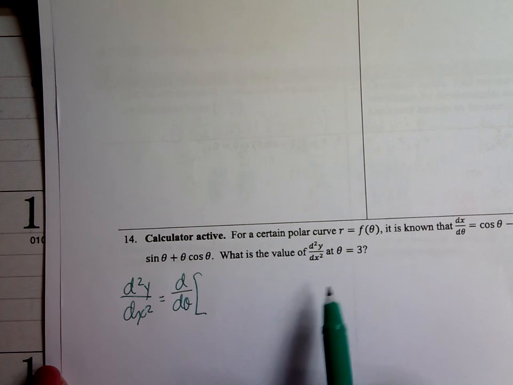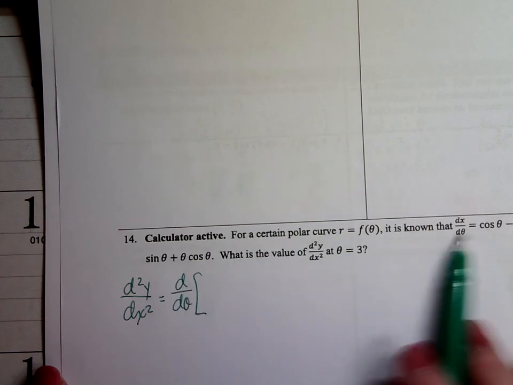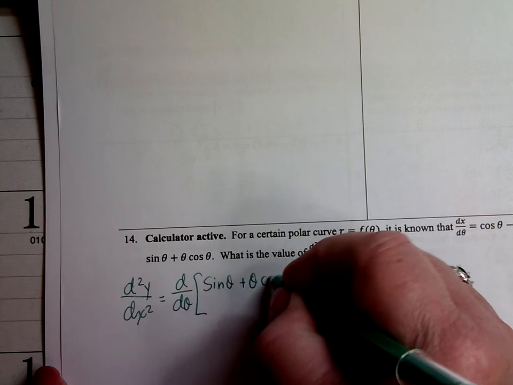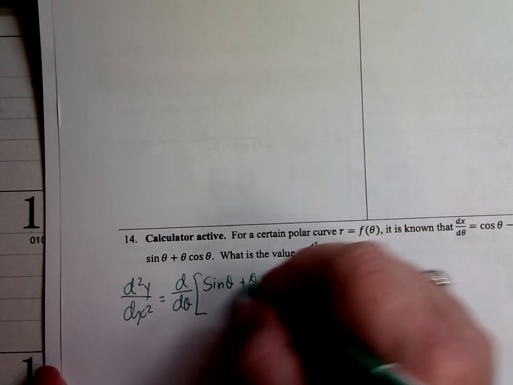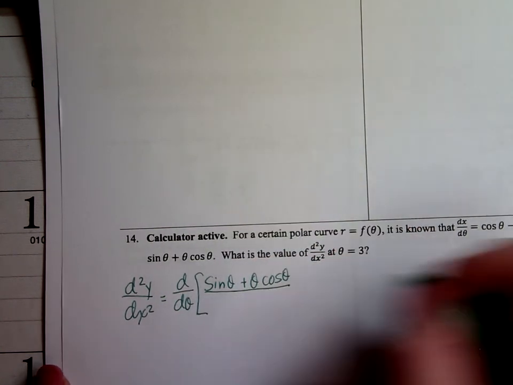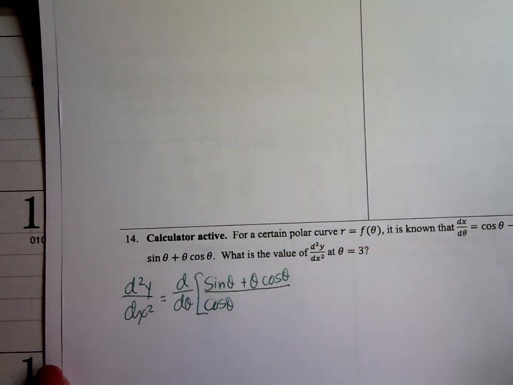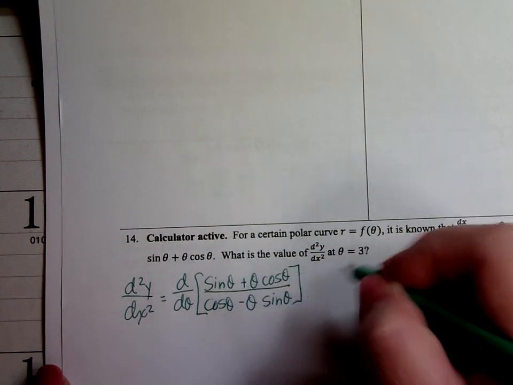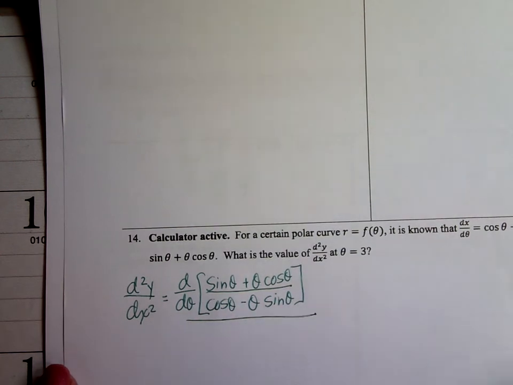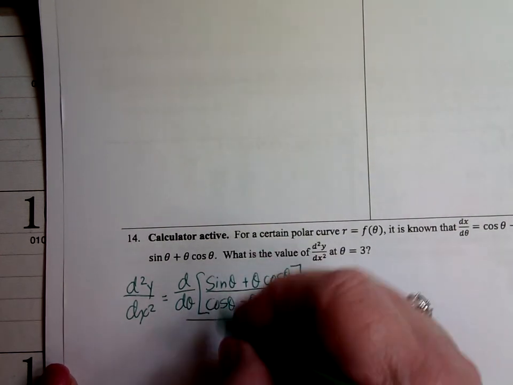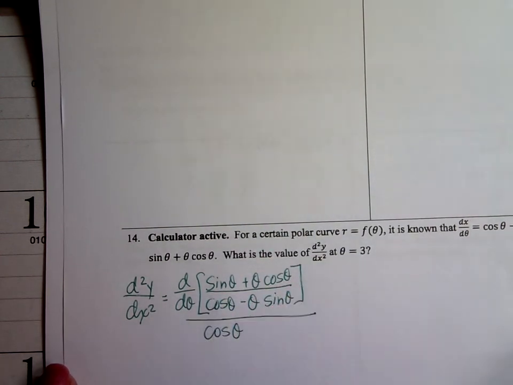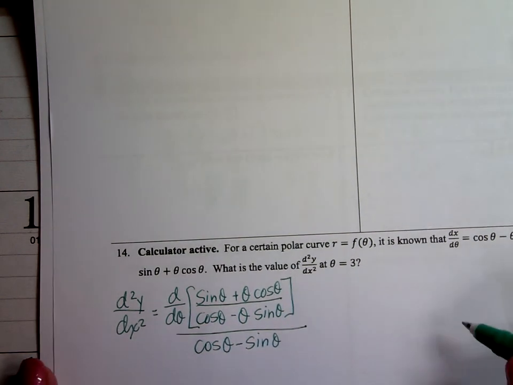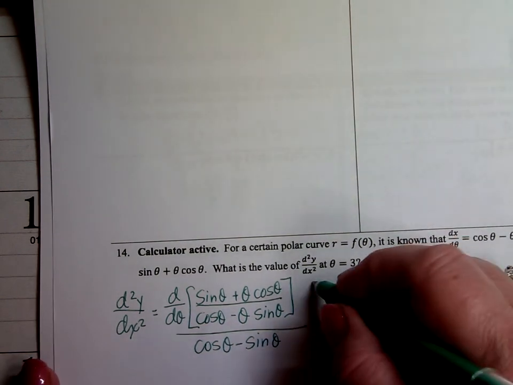So the y is sine of theta plus theta cosine of theta over cosine of theta minus theta sine of theta, right? But then it's over dx over d theta, so it's over cosine of theta minus the sine of theta. And I want to evaluate that when theta equals 3.